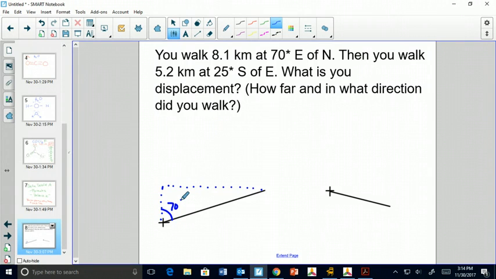Because this is north going up here. And then when he turned here, again, if I draw my lines here, that is east. He's moved south 25 degrees. Does that make sense? Hopefully you can see that we're just breaking these into their pieces.